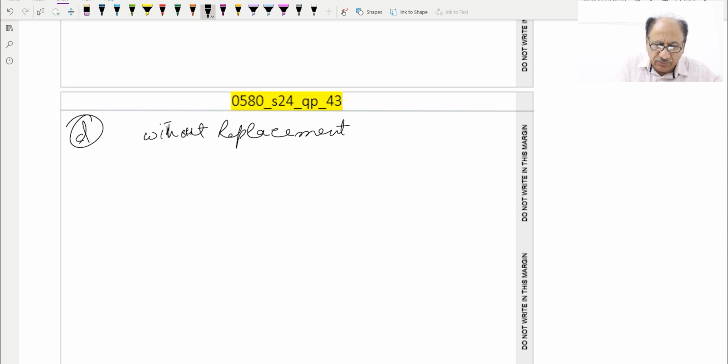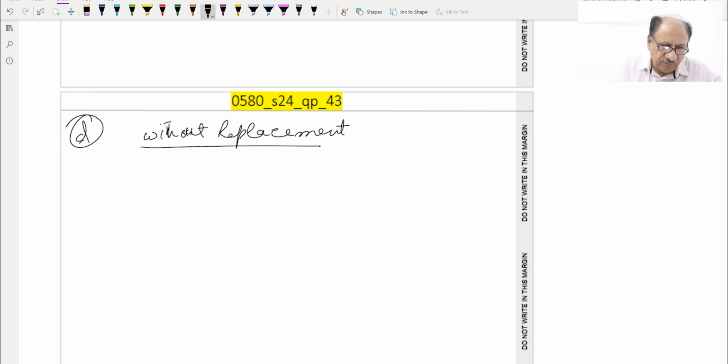You will have to keep in mind this is without replacement. She continues picking cards at random without replacement until she picks a card that shows the letter A. The probability that this occurs when she picks the nth card is 4 by 21. Find the value of n.